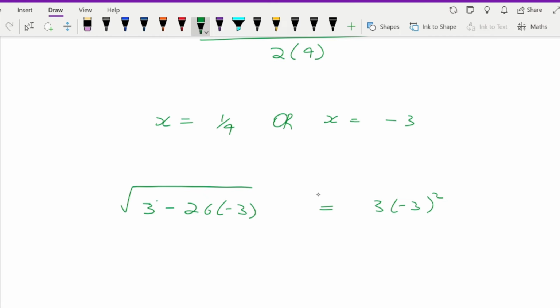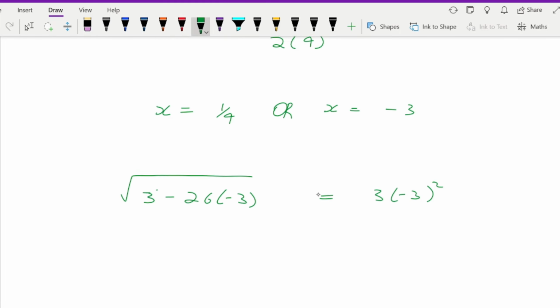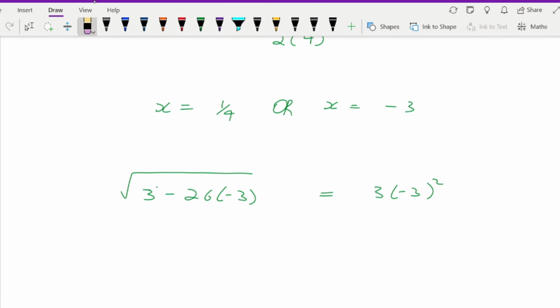Oh no, there's no squared. So this side gives us 9, and this gives us negative 9. I thought this was going to give us a negative because we can't have a negative under a root, but let's just check.